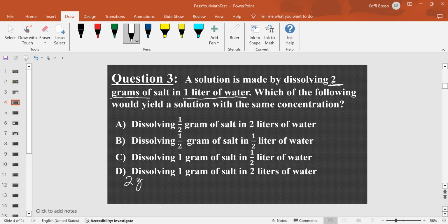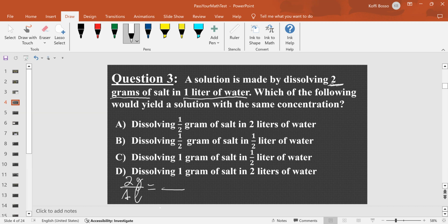If we take 2 grams, you have 1 liter of water. So 2 grams to 1 liter, 2 to 1. So this will be something to something. Now let's take the 4 choices. They say dissolving 1/2 gram of salt in 2 liters of water.